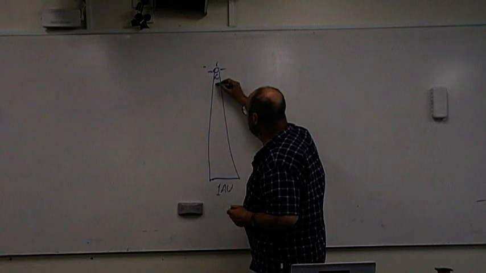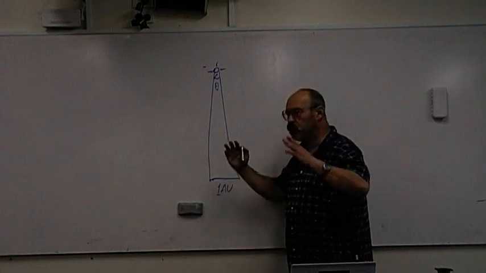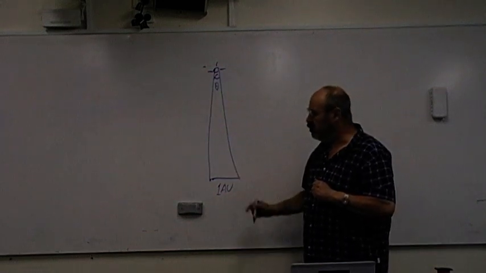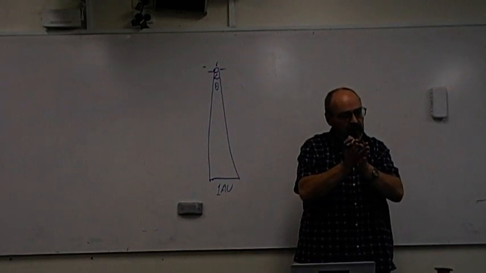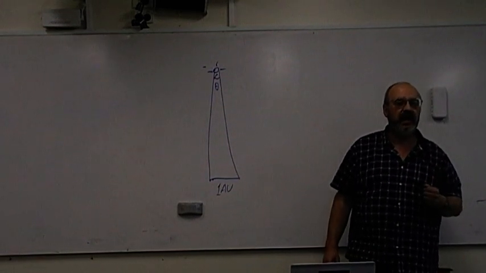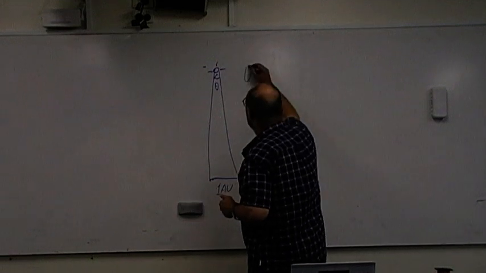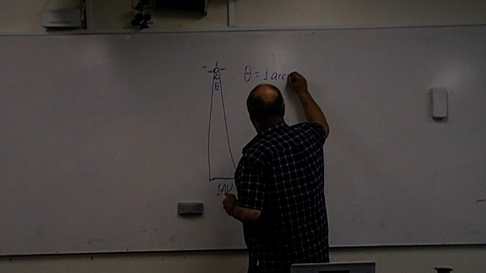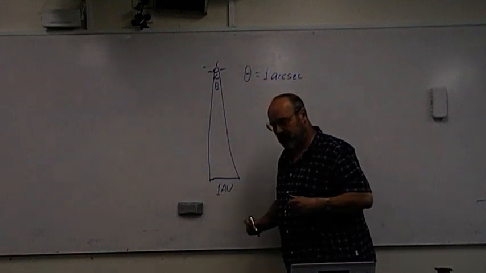And this is the angle theta. If you know those angles, we can find that angle. If this angle, at which from the star we can see the radius of Earth orbit, equals 1 arc second, now, what is 1 arc second?